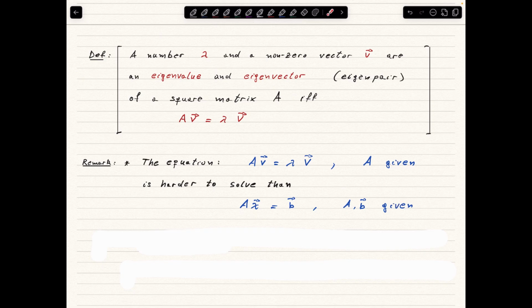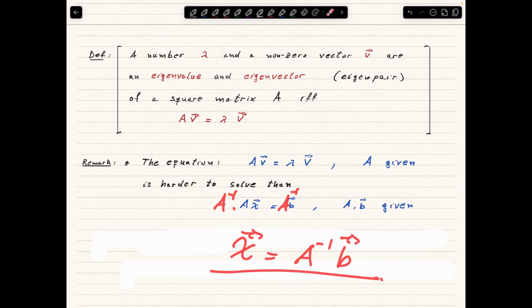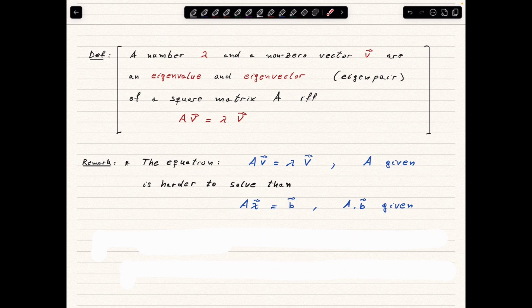I mention this difference because this equation we know how to solve. If matrix A, for example, is invertible, we multiply by the inverse, and then x is given by this formula, because b is given, so we can compute x.